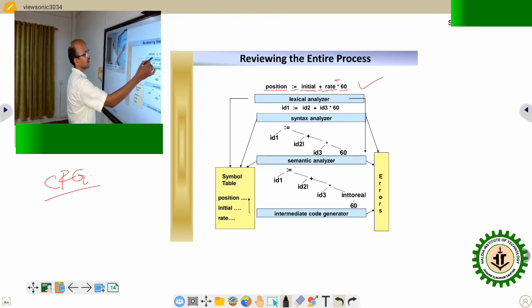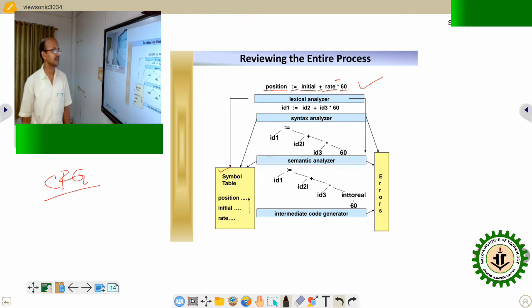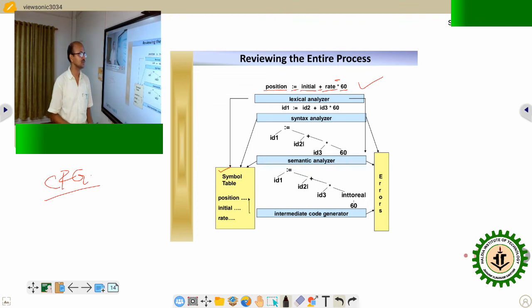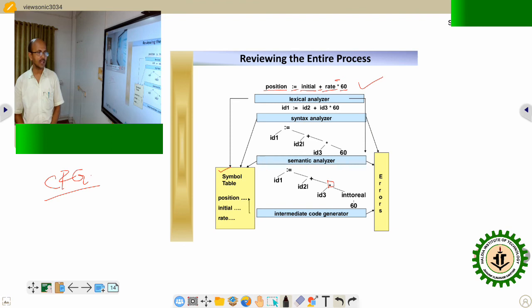Now the semantic analyzer finds the meaning of the sentence, what type of operation we have to do, and before that whether the operation could be performed at all, meaning whether the data types are compatible with respect to the operator. As we want to perform the multiplication on identifier 3 and the 60, we have to assure that their types are compatible.